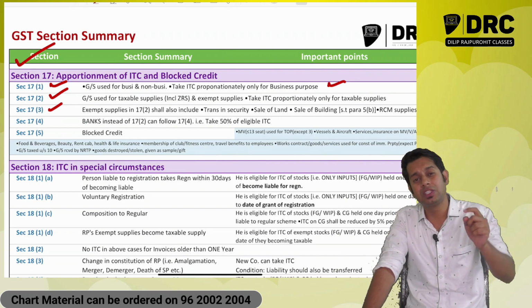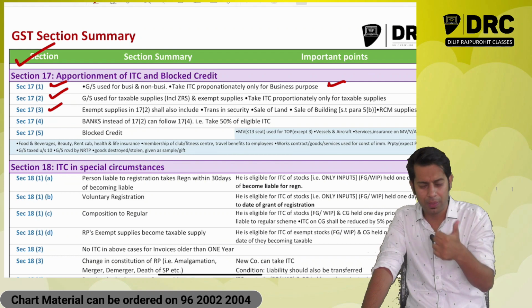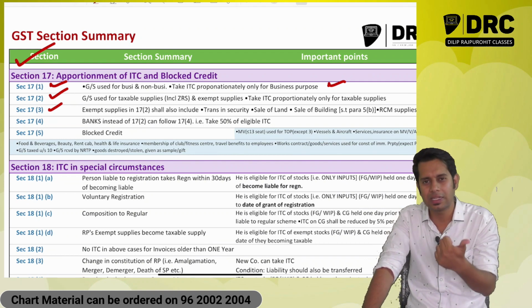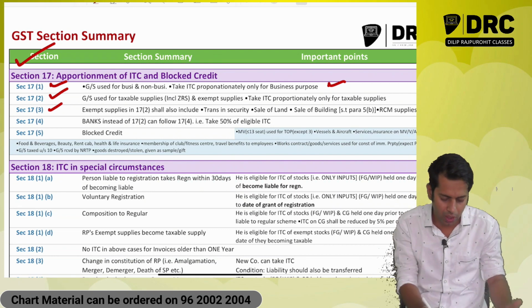The exempt supplies specified under 17 subsection 2 shall also include outward supplies which are taxable under reverse charge, sale of land, sale of buildings subject to para 5B of schedule 2, and transactions in securities.